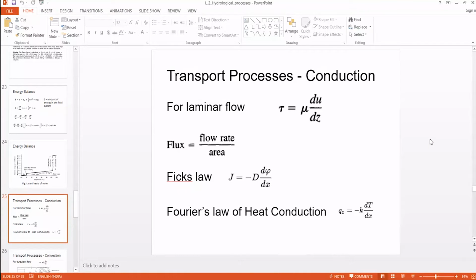This is nothing but momentum transfer in the vertical plane. So tau is equal to mu into du by dz. Since there is a velocity gradient across the depth, the momentum is transferred from high velocity to low velocity areas. So that is given by this equation, tau is equal to mu du by dz.